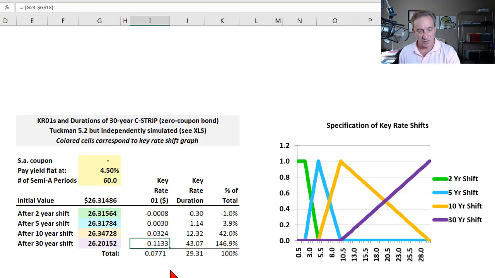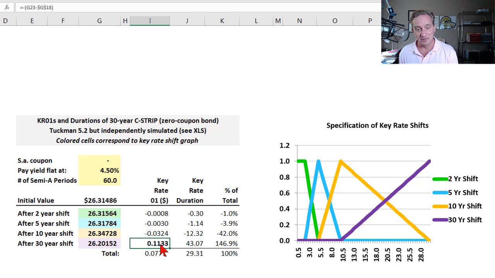And what I've got here for the key rate is just a simple difference. But there's a negative in front of it, and that's analogous to the negative that we saw in the DV01. After all, the key rate is directly analogous to the DV01. And here you can see at the 30-year shift, my key rate 01 is a little bit above 11 cents.